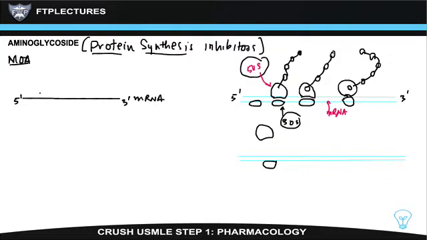Now, for protein synthesis to occur, a 30S subunit has to come and sit right here. So we're going to call that a 30S subunit, okay? It has to sit there, and a transfer RNA, also known as tRNA, has to be able to come and sit here to bring in an initiation codon.